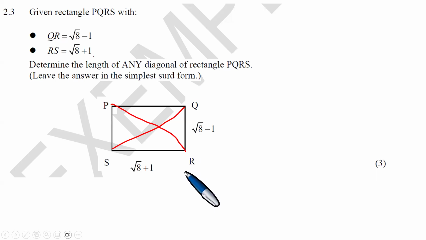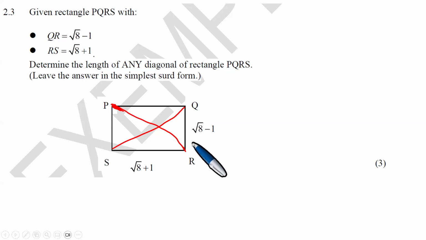So how do we proceed to find the diagonal? You already know this one is the square root of 8 plus 1, and this is the square root of 8 minus 1.